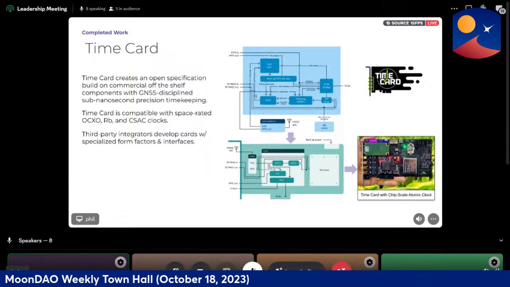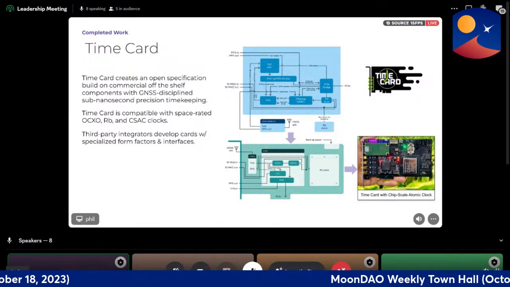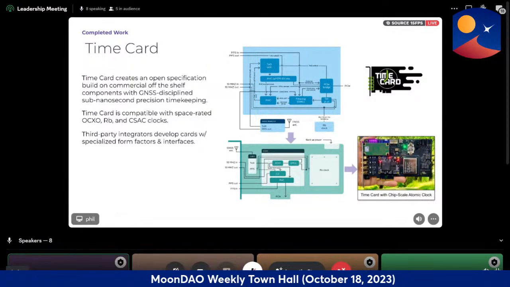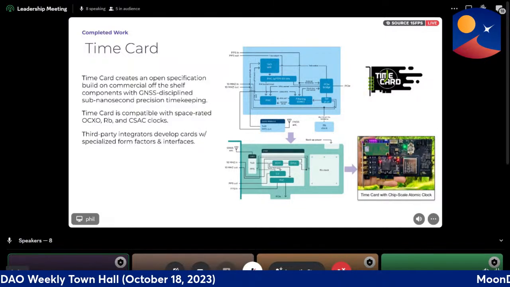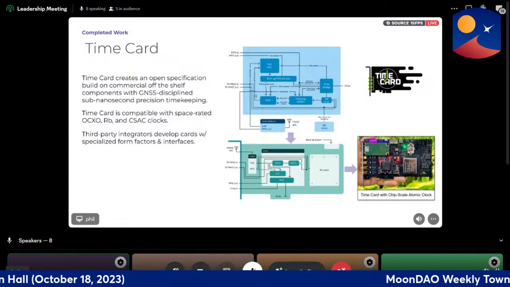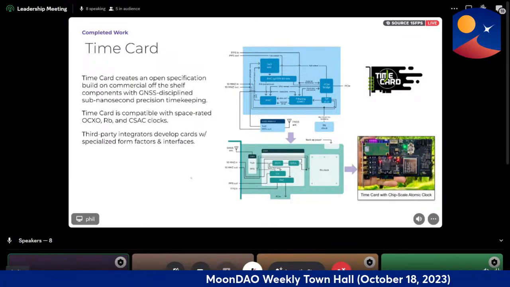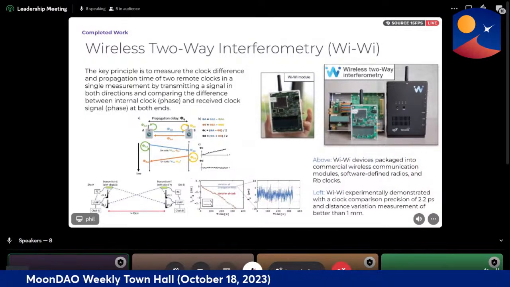So it lets other things talk to the clock and synchronize with it. It also has radios to be disciplined by GPS when we're on the ground. So it's already set up to do all the things that we're looking to do. And it was actually used as a core piece of the YY work. They worked together with the time card folks.